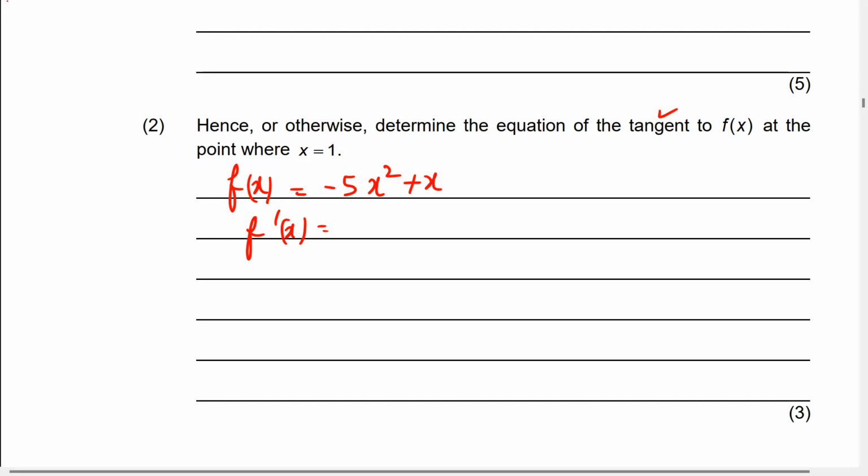We're going to solve this one quickly. How do you solve this one? We find the derivative, which is that. The derivative now: 2 times minus 5 is minus 10 plus 1.